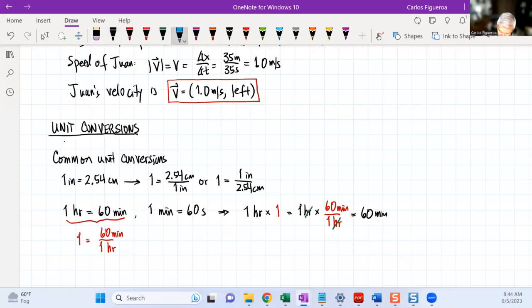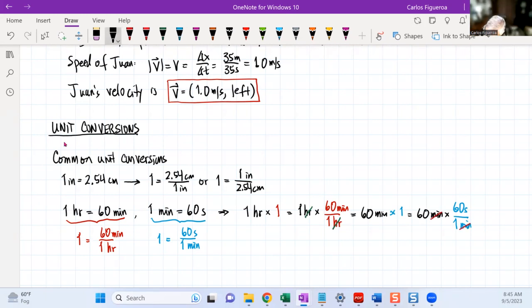But I can do the same process all over again by multiplying by 1. If I use this conversion factor, where I put my minute in the bottom to cancel, I can write this as 60 seconds over 1 minute, where the minute now cancels with the minute.